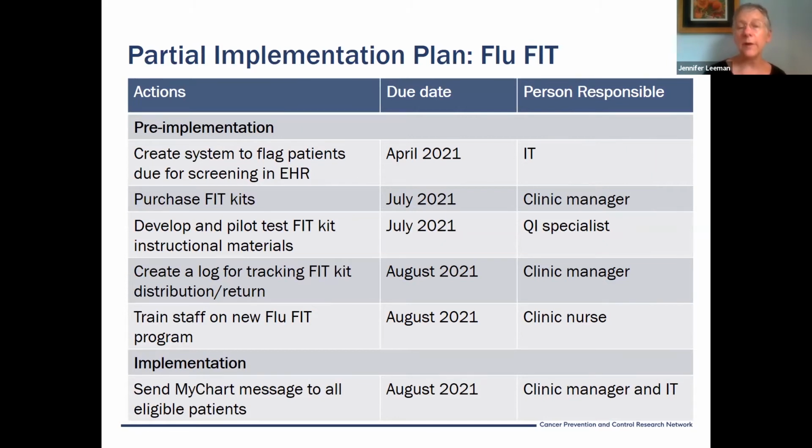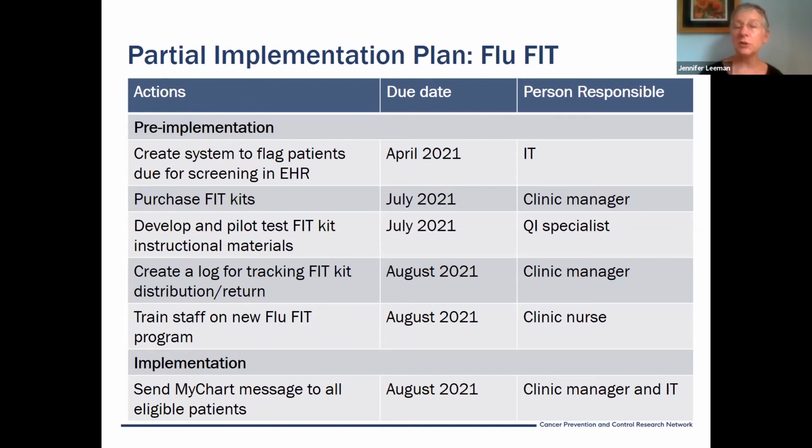Here, I'm just providing a part of the plan, primarily the pre-implementation steps. So here you can see the actions, and the first action there is create system to flag patients due for screening in the electronic health record. And that needs to be done by April 2021, and IT is responsible for doing it.